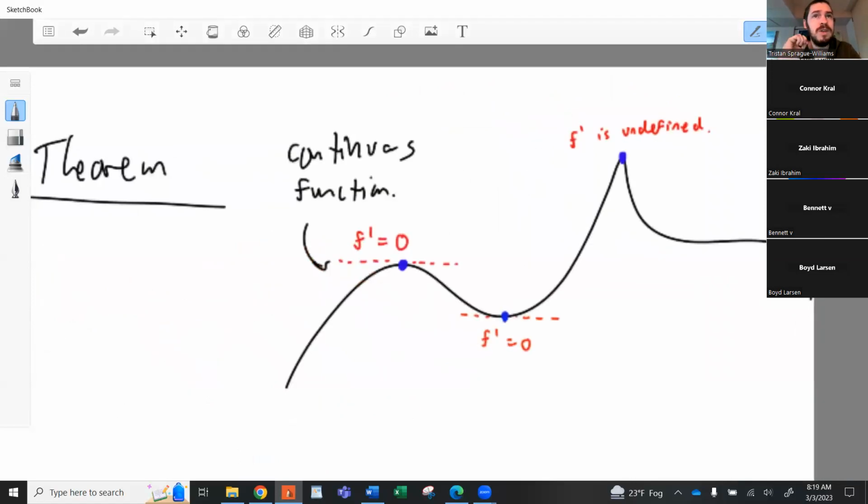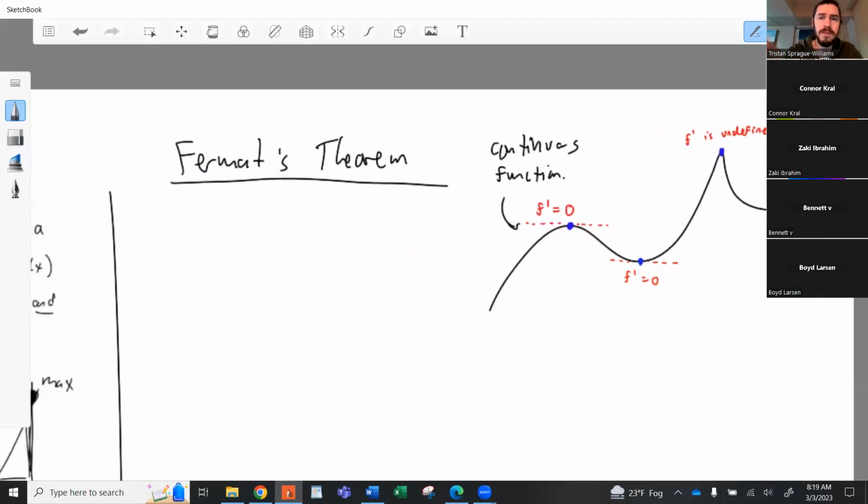And those are the only two things that can happen. So Fermat's theorem says this. If f of x has an extreme value, or just an extreme, okay, local extreme is what I better specify that.